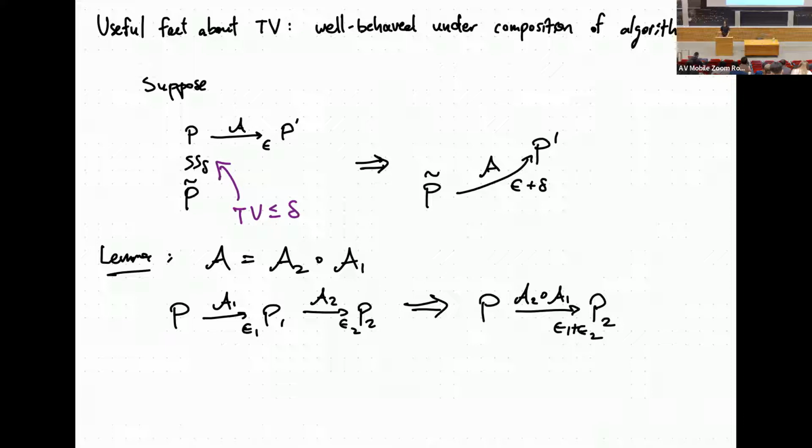Right, so things behave very nicely under composition. And we can prove this.